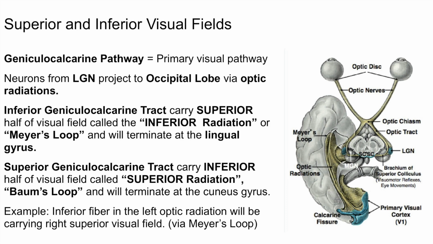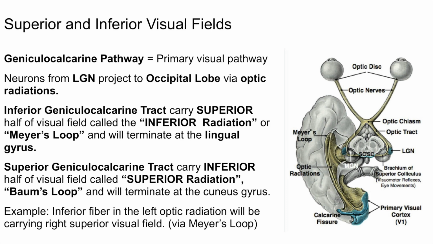And so basically the big takeaway here is just remember the relationships, right? Inferior pathway is going to give you superior vision. Superior pathway is going to give you inferior vision. And another way to remember, if it's Baum's loop, I like to work my way back. I just remember that Baum's is inferior visual field because you bum.